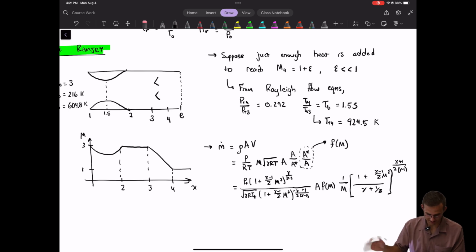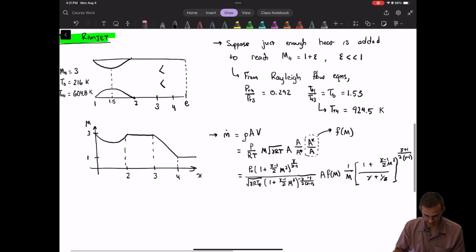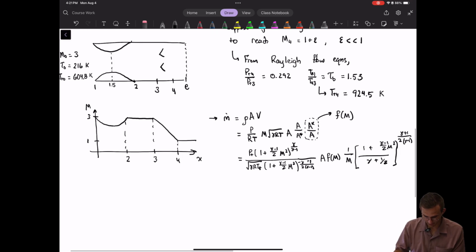Okay, this is all just a bunch of complicated stuff. A lot of things are going to cancel here, like the denominator, for example. And what we end up with in the end is a new expression for the mass flow rate, which we can write as gamma over gamma plus 1 over 2, that whole thing raised to the power gamma plus 1 over 2 times gamma minus 1. So just a very, very complicated constant in effect out front there.